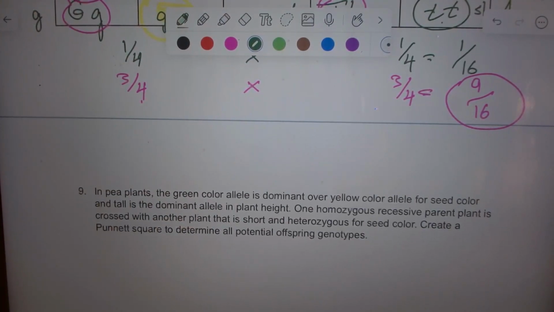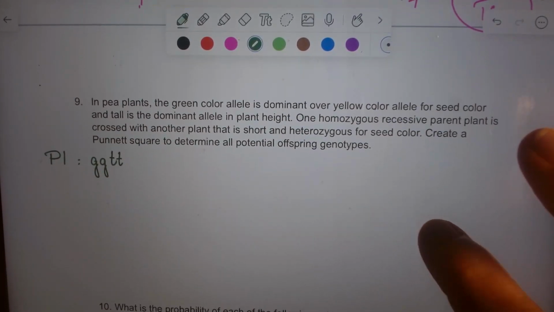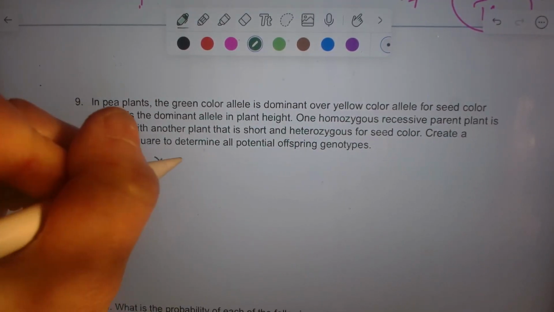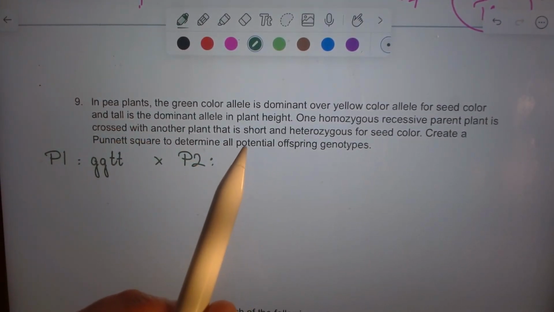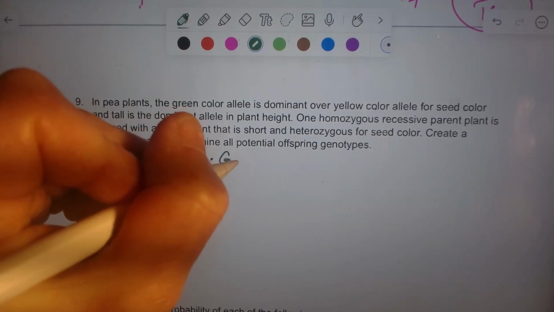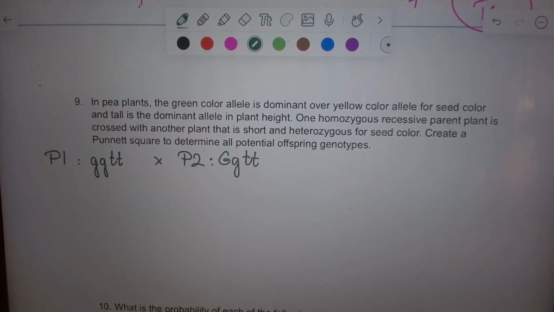Parent 1 is homozygous recessive, lowercase g, lowercase g, lowercase t, lowercase t, and is crossed with parent 2, that is short and heterozygous for color, capital G, lowercase g, and short because it has 2 lowercase t's.